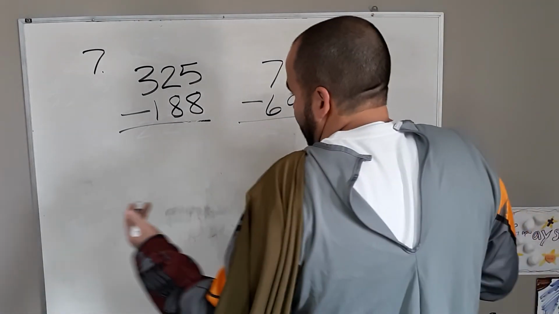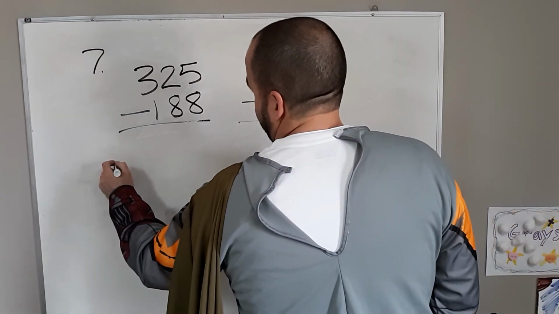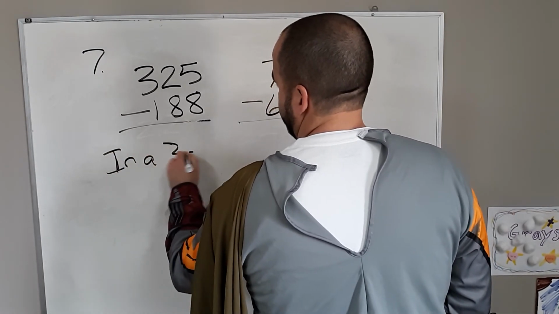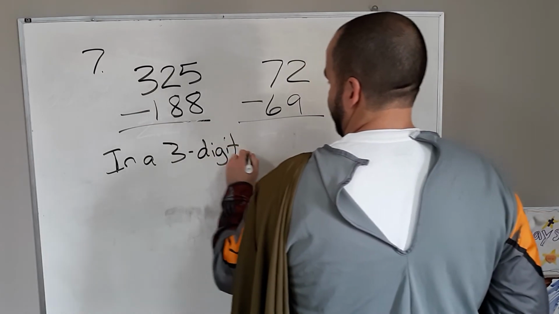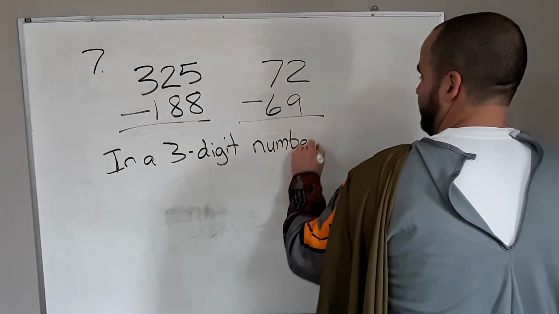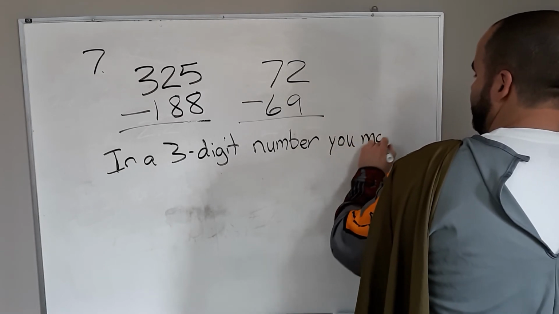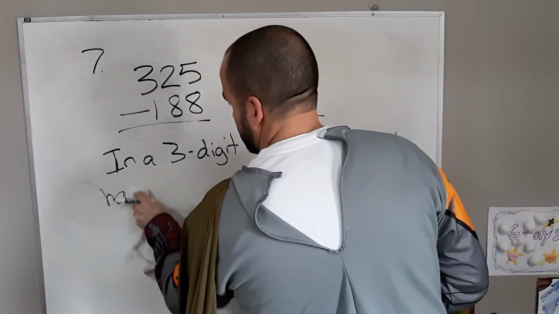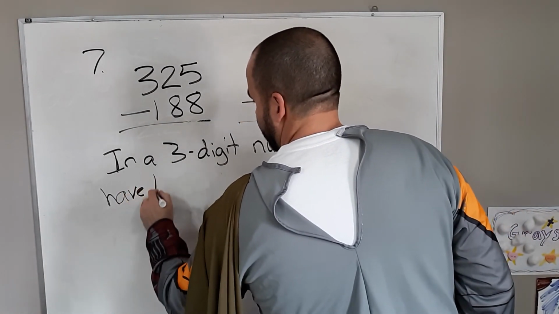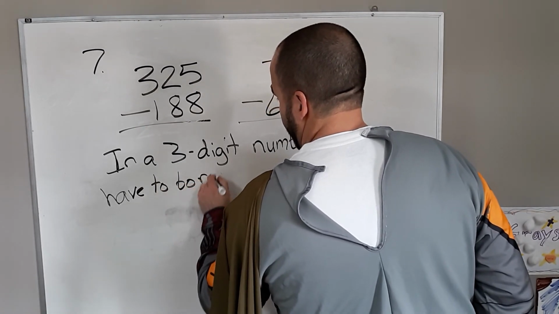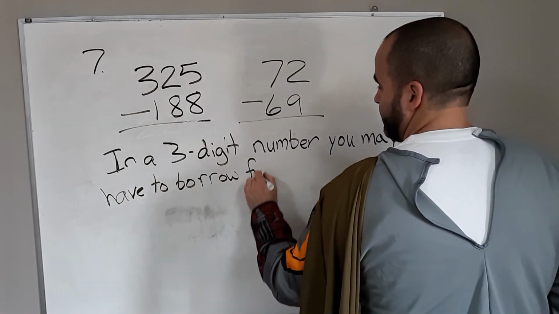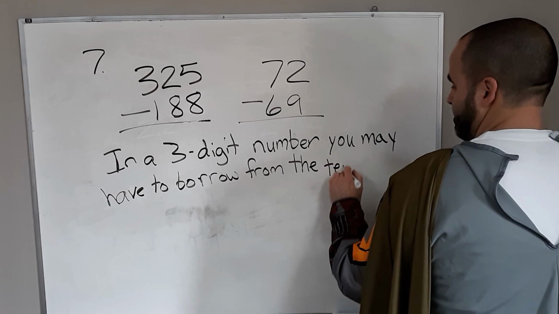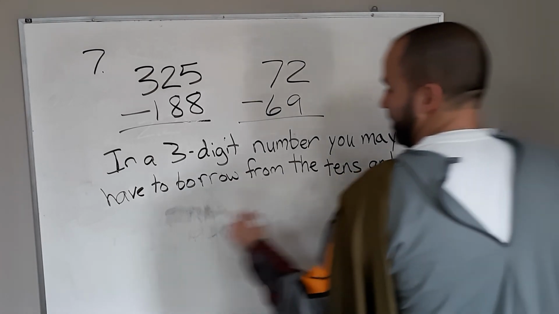The big difference that I would write down is this. In a 3-digit number, you may have to borrow from the tens and hundreds.